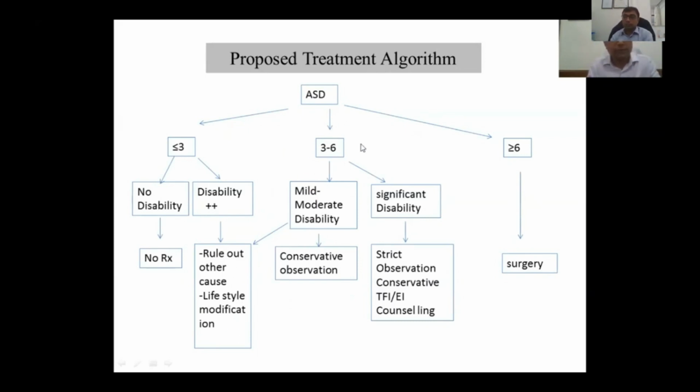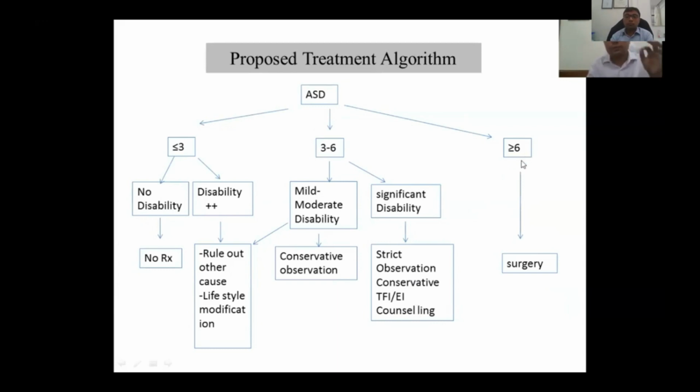But if the patient has a significant disability, this patient will require strict observation. You may still try a conservative trial; transforaminal and epidural injections will help, but this patient may require surgery in the future, so counseling is very important.